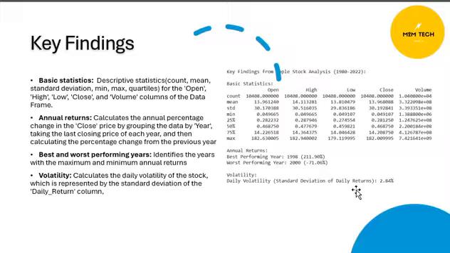Volatility is 2.84%. As I told you before, I set two decimals for the result.